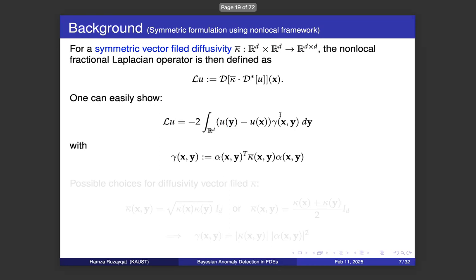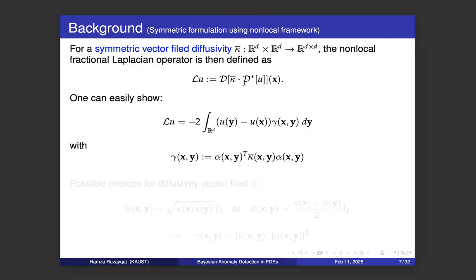And one can easily show that this will be equal to minus 2 the integral over Rd of u of y minus u of x times gamma xy dy. And now gamma xy, it's actually a symmetric vector field, is equal to alpha xy transpose times this kappa line xy times alpha xy.